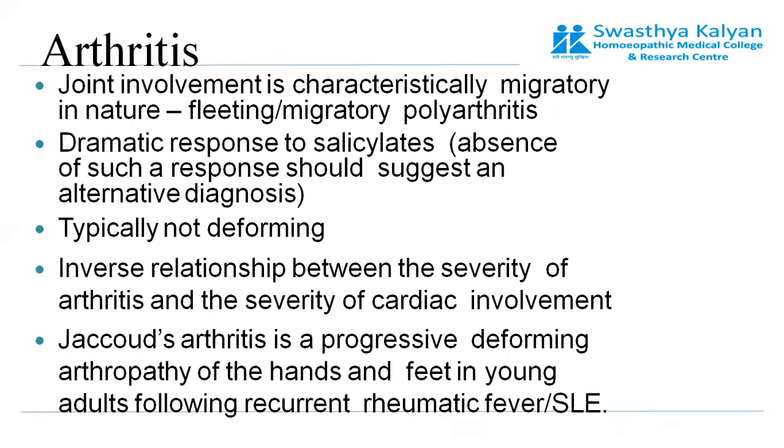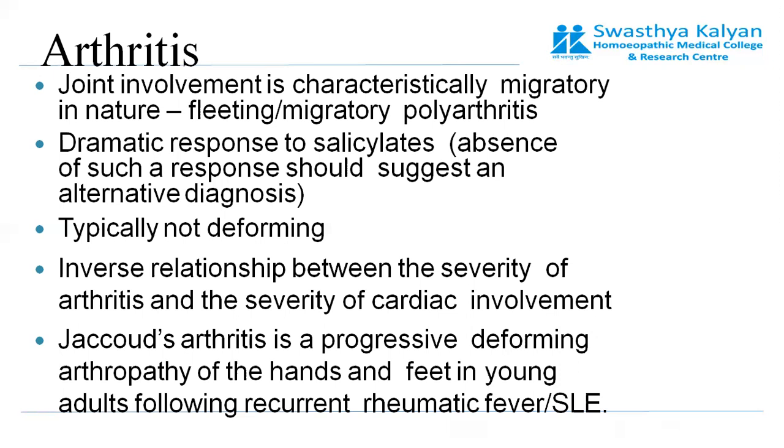Typically, this arthritis is not deforming, as we see in cases of rheumatoid arthritis, where deformity is quite common. An inverse relationship between the severity of arthritis and the severity of cardiac involvement is seen. So, if arthritis is present, then there is a great percentage of chance that even the cardiac involvement might also be seen.